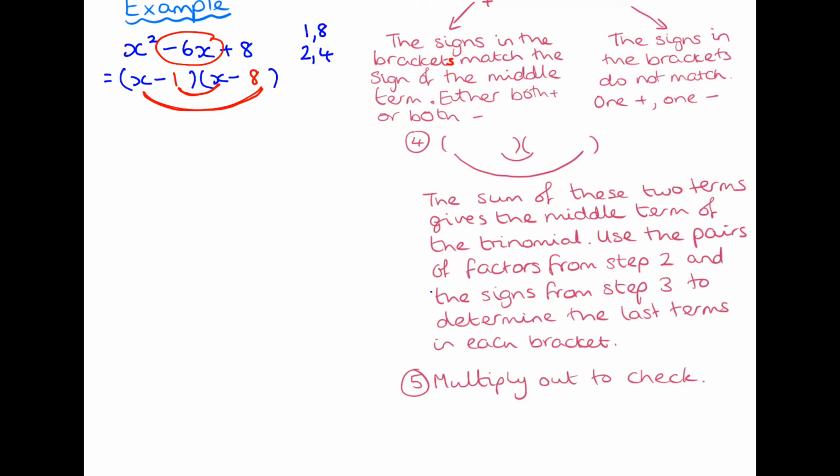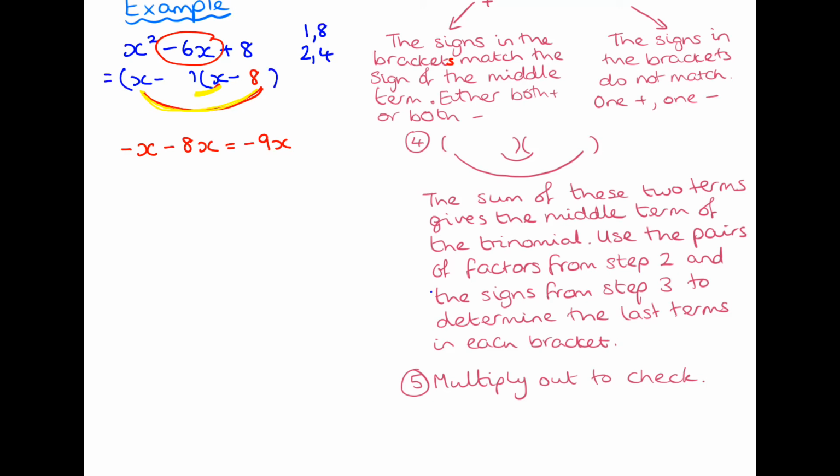So that would give us minus 1 times x, so that's obviously minus x. And then we've got x times negative 8, so that gives us minus 8x. So altogether there, we've got minus 1x minus another 8x, so that's minus 9x altogether. So that doesn't work. We need minus 6x. We don't want minus 9x, so that's not right.